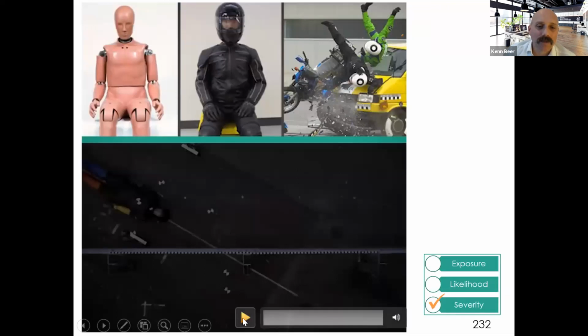So here's just a bit of, I hope this streams through for you, but here's the European crash test for motorcycles into barriers. They basically get an 80th percentile male dummy, put it in leathers, tweak around with its neck a little bit and its hands a little bit.